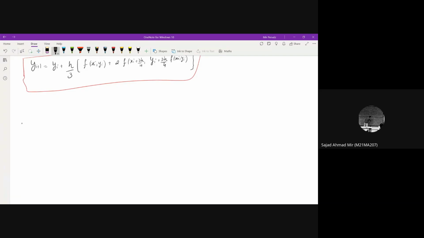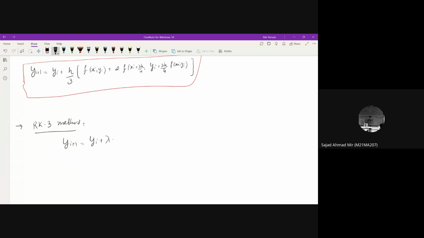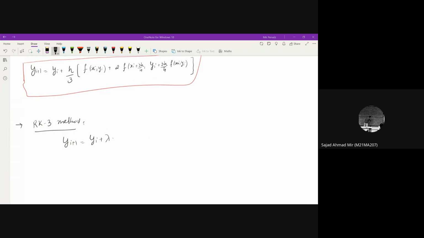So you have the RK3 method, where you are saying that my new value is y_i plus lambda. Is it clear till now what we did, how these methods are working? They are taking the weighted average of the slopes at further points. Is it clear till now how these methods are working?